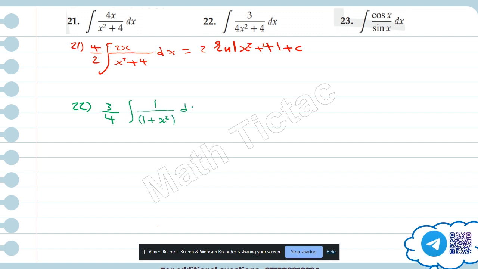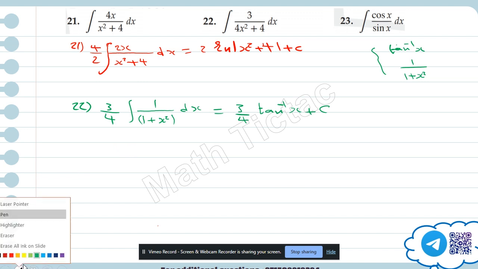If you remember the rules of tan inverse, the derivative of tan inverse x is equal to 1 over 1 plus x squared. So I have 3 over 4 multiplied by tan inverse of x plus c. It's very easy to think about the concept. We just took the numbers outside.